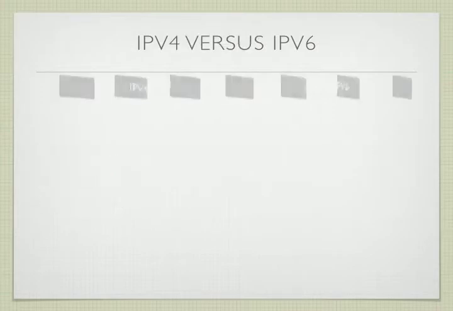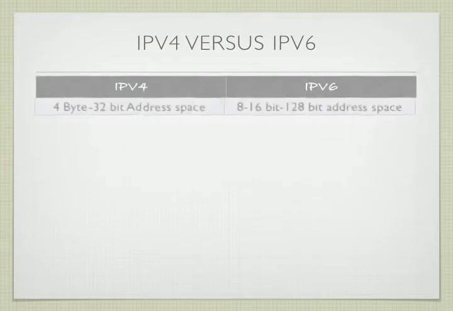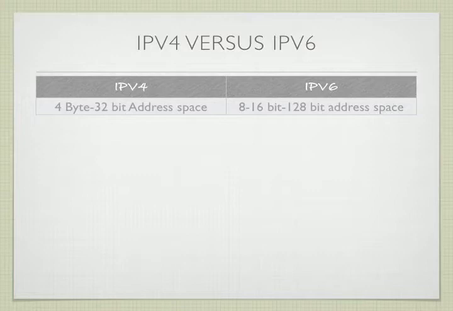So what are the differences? In IPv4 we have 4 sections of 32-bit address space. And to address the running out of addresses in IPv4, IPv6 doubles that to 8 bytes, and it uses 16-bit address spaces.